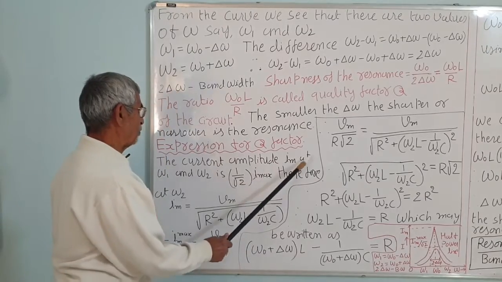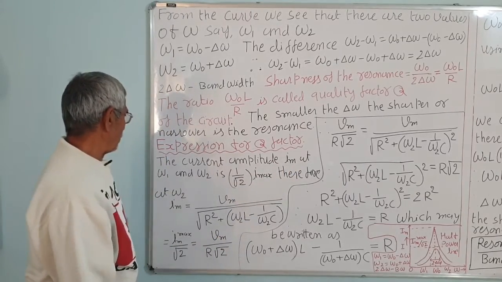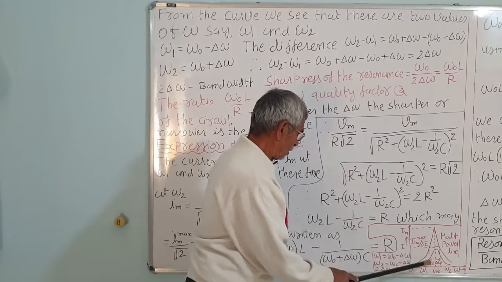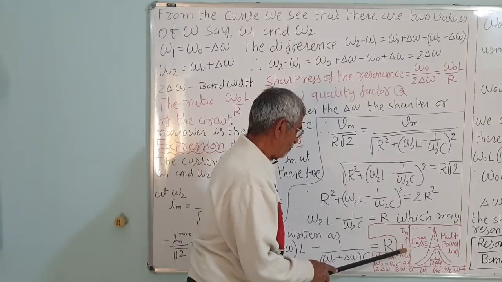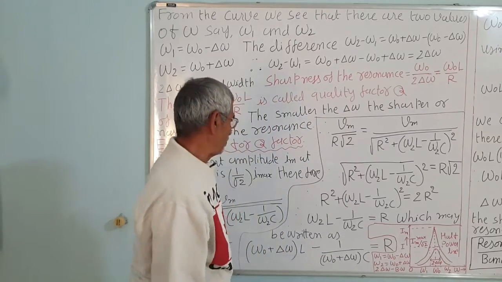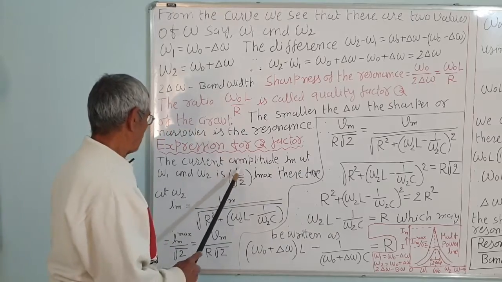At omega 1 and omega 2, the current amplitude is 1 upon under root 2 times the maximum current, that is, I maximum upon under root 2.